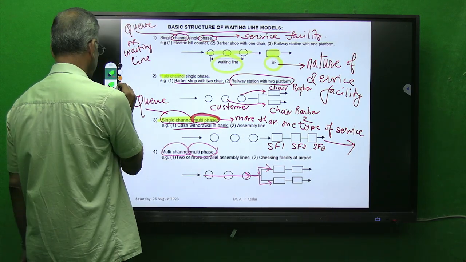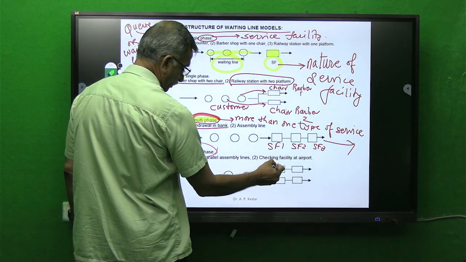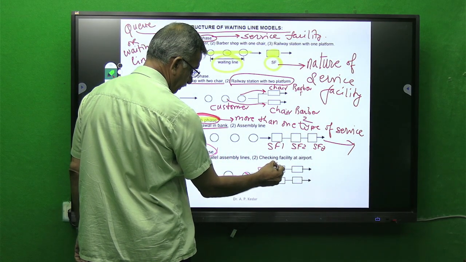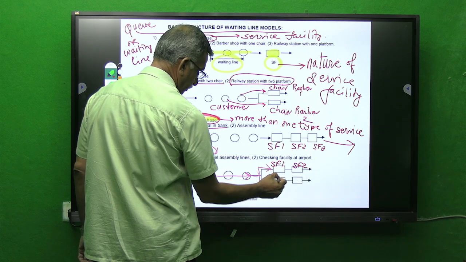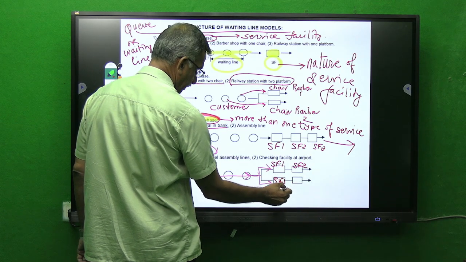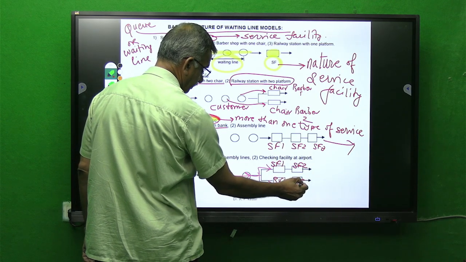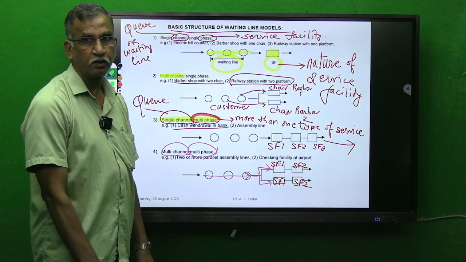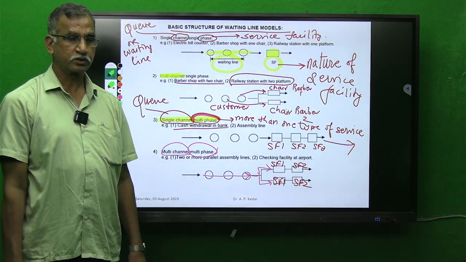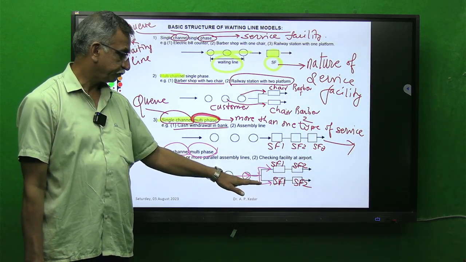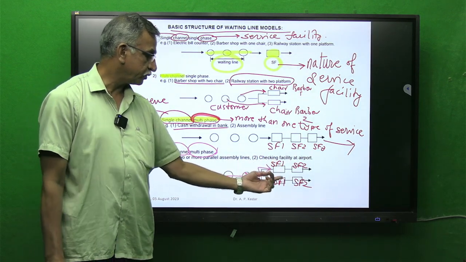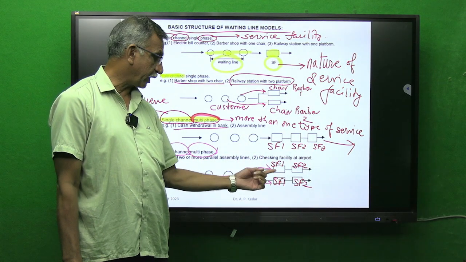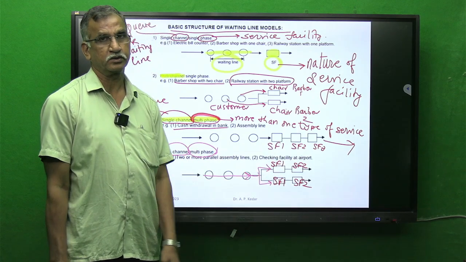Why? That is very important to understand. This is service facility 1, this is service facility 2, this is service facility 1, this is service facility 2. So students, the same line is bifurcated, and you are getting different services at two various lines.